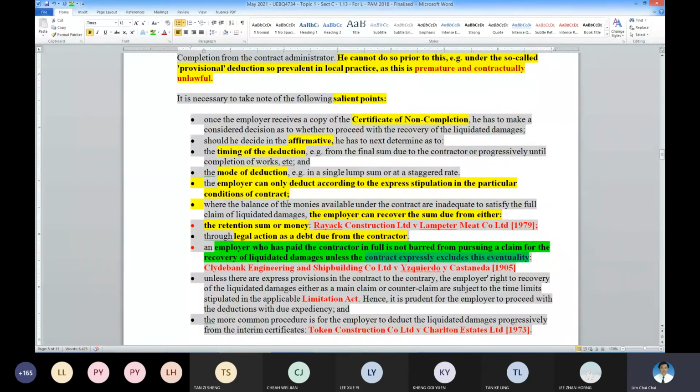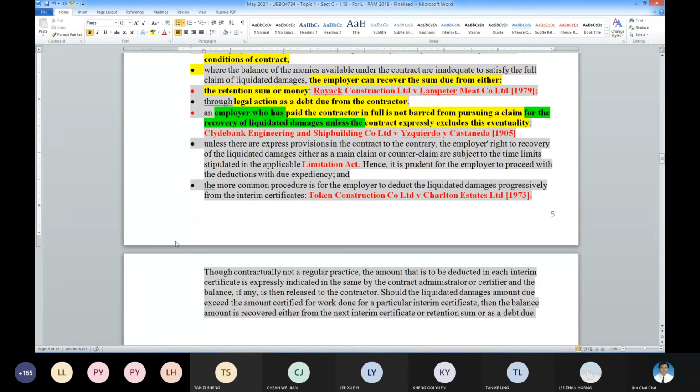If the contract is silent on this, then the money can be deducted again. If not, then the employer waives the right. So an employer who has paid the contractor in full is not barred from pursuing the claim if there is no express clause to deny this.